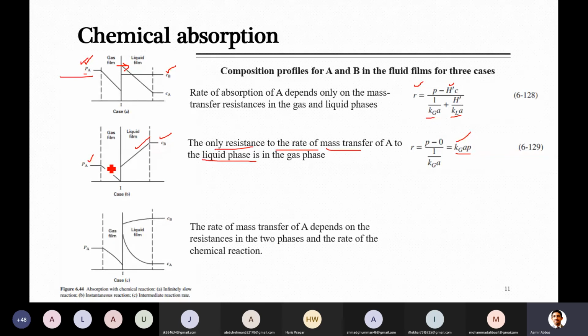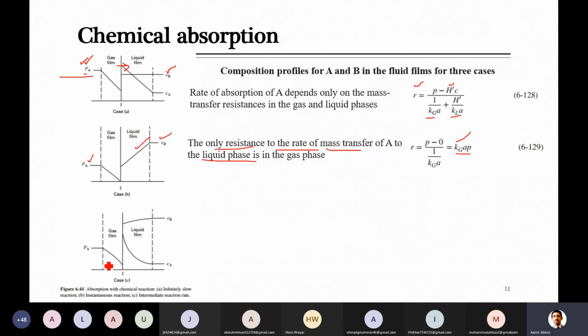So the third case, as we said, is an intermediate reaction rate, not too fast, not too slow. Overall the concentration will change, but the changes are not sharp; they happen at a smaller pace as compared to the sharp changes you can see in the previous cases. The overall concentration of component A will definitely keep on decreasing.